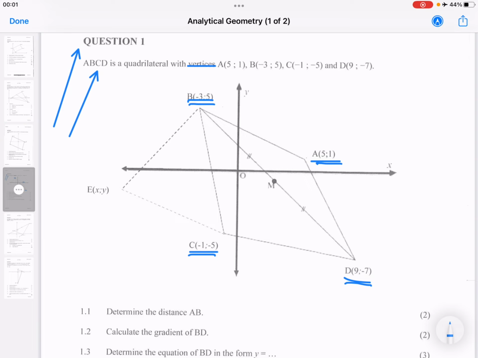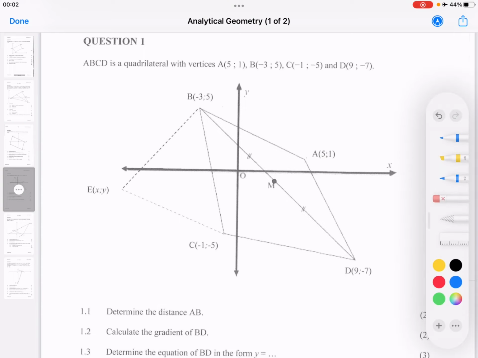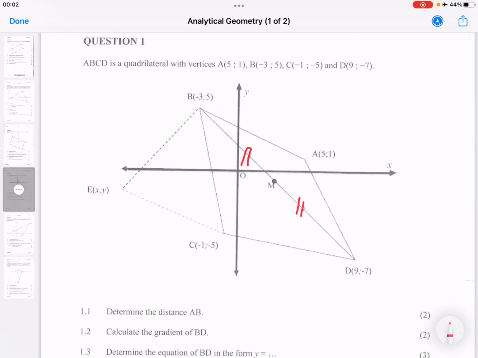A very short statement. Let's maybe try to have a look at that given diagram. Something that you might need to be aware of: you've got these two lines, which actually tells you that you might find that those two sides are equal, and you do know very well that when having equal sides, it has to do with the midpoint formula.